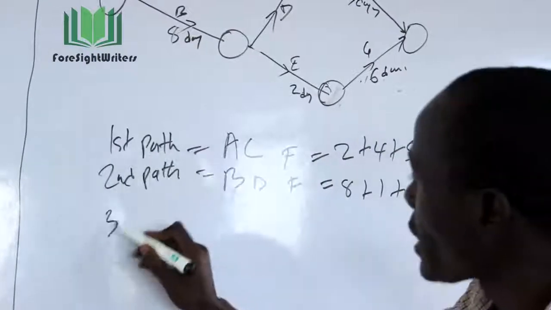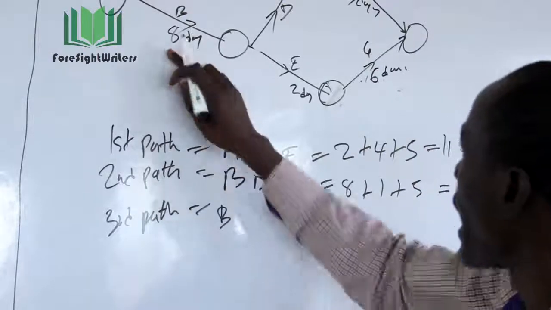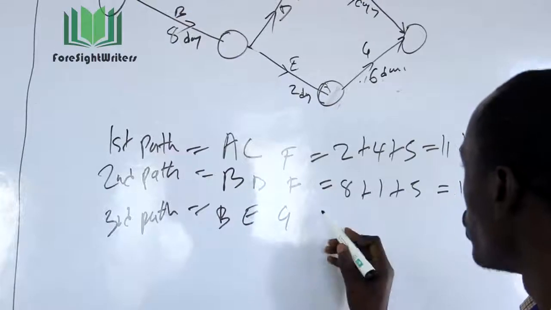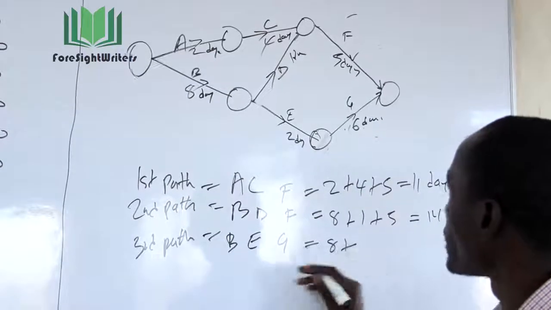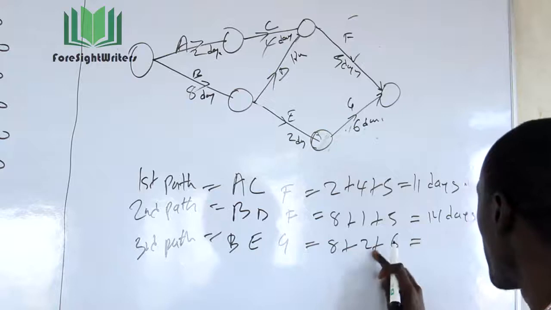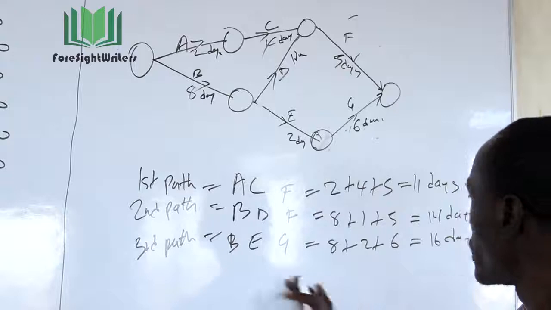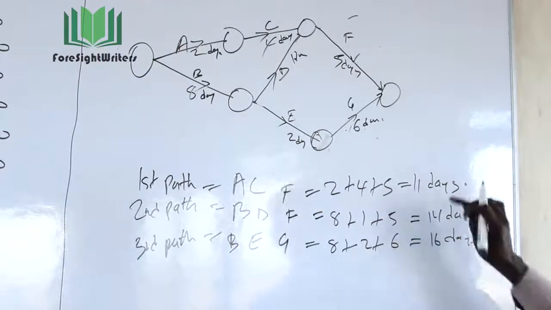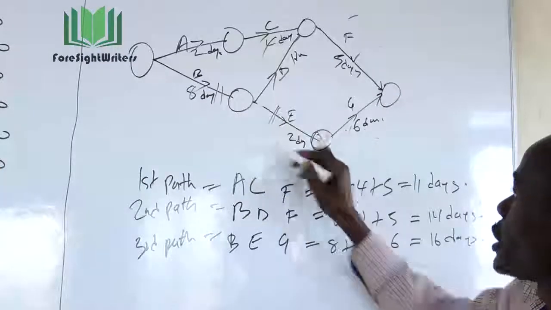Then the third path that we need to follow is B, then E, then G. So I will have B, which is 8 days, plus E, which is 2 days, plus G, which is 6 days. So this is 8 plus 8, this is 16. And definitely, this is where the critical path lies, because this is the longest. So the critical path we establish by examining the longest path. The first path, 11, 14, and 16. So 16 is the longest. So we mark it as our critical path like this.